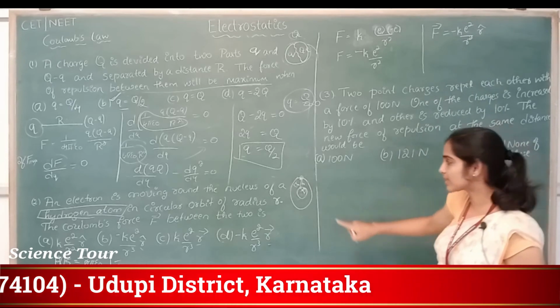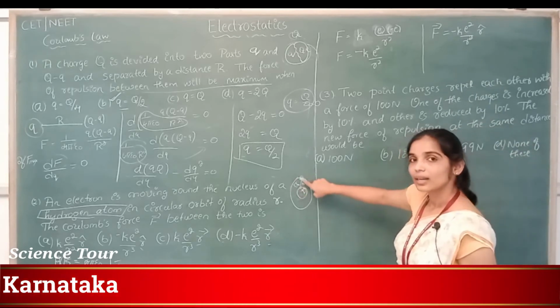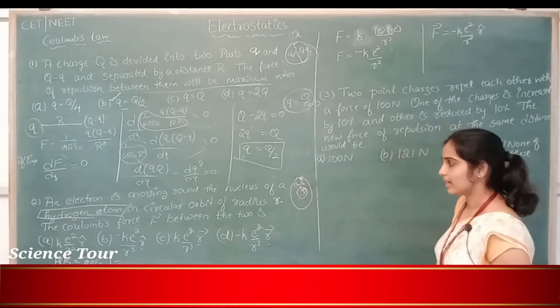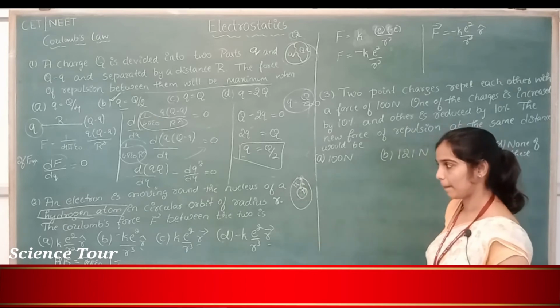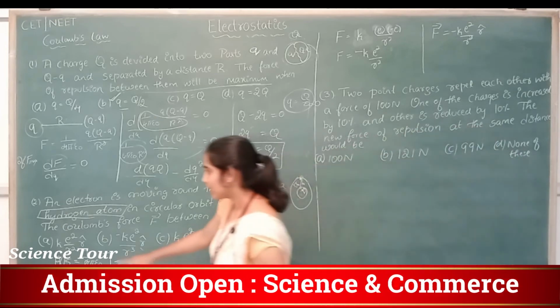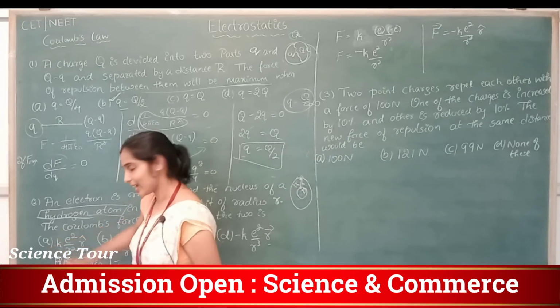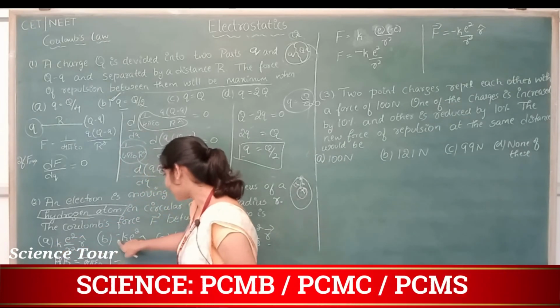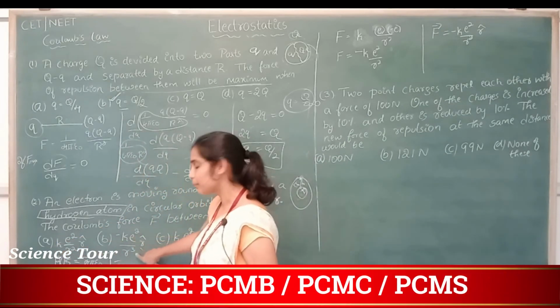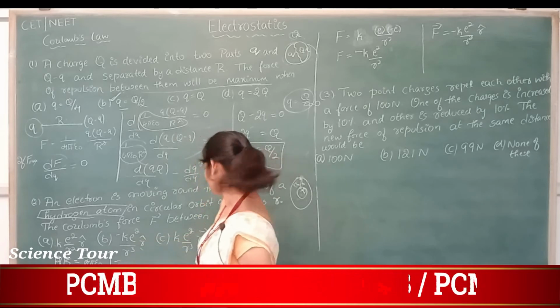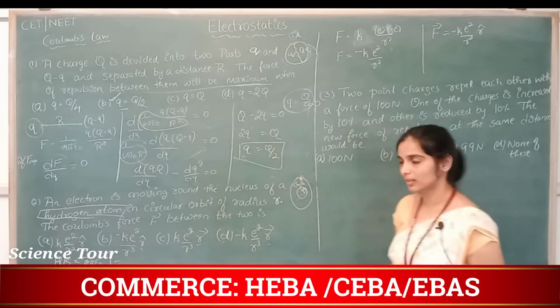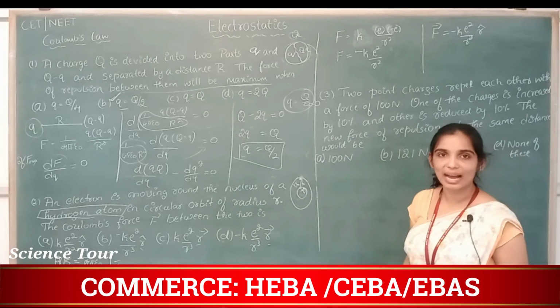Correct? R cap is the unit vector along the radius. Do we have that answer? No. We have plus k here. We have minus k e square r cap, but it is r cube. The other two options do not have r cap.